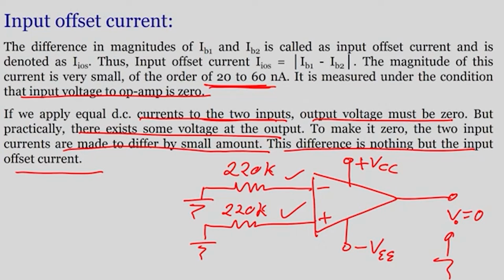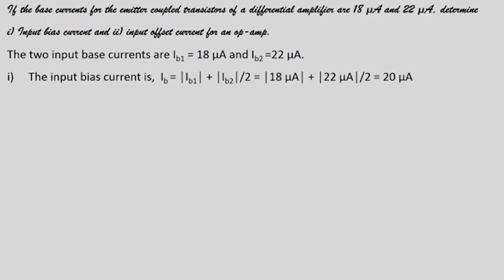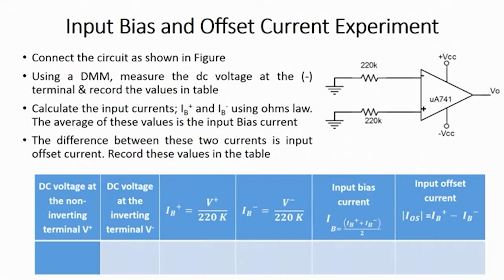So, let us now see on the breadboard how we can connect this and how we can measure the input offset current. For this we go back to this particular table. Here we are looking at input offset current. In the last module we saw input bias current.